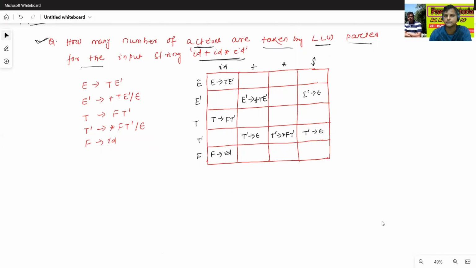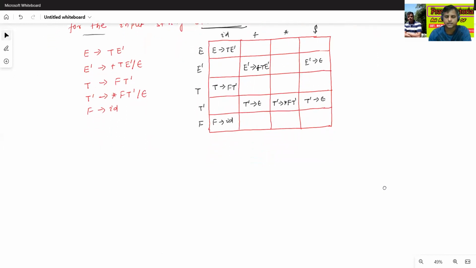Okay, now we'll draw the LL1 parsing here. This is the stack, input buffer, then next one is the action.